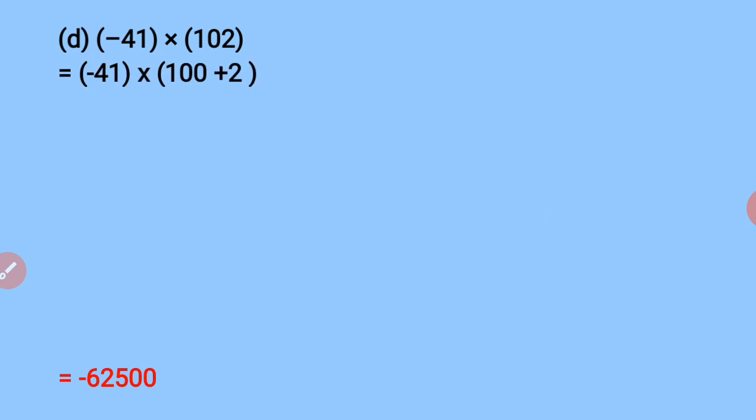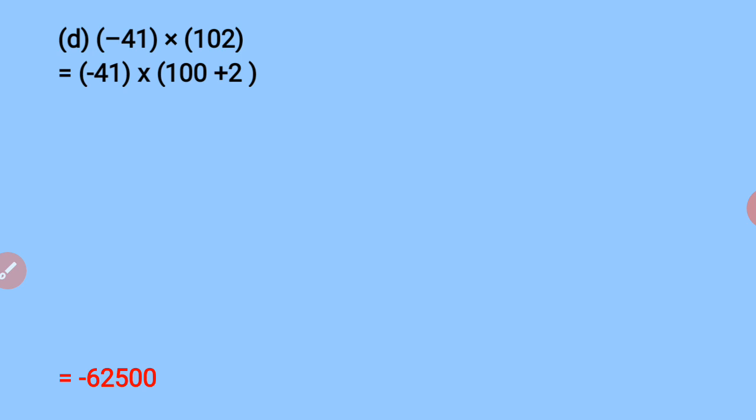Okay. So let us write it as 100 plus 2. Why we have written it as 100 plus 2? Because multiplication by 100 is very easy and multiplication of any number by a single digit is also very easy. So now here we have expanded 102 as 100 plus 2.